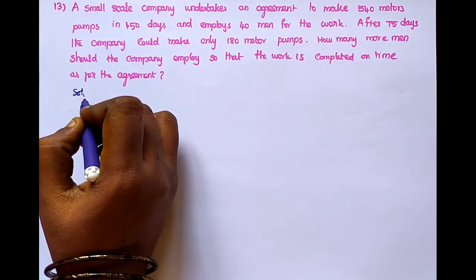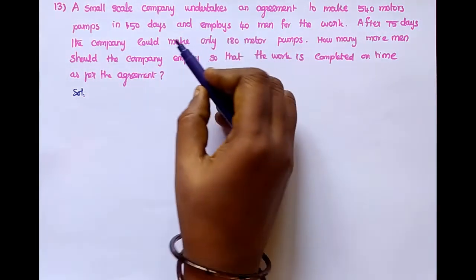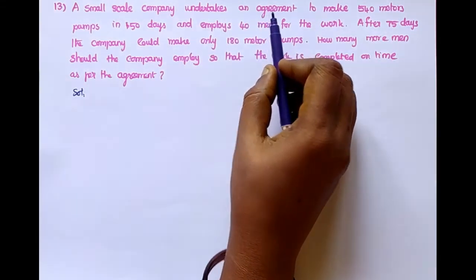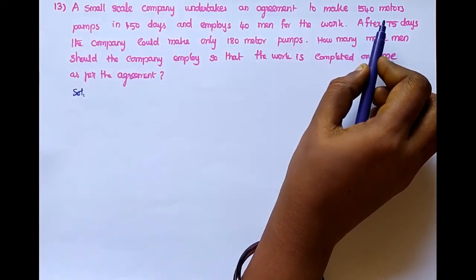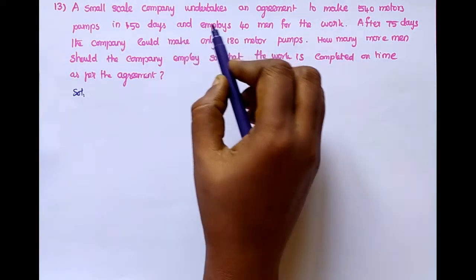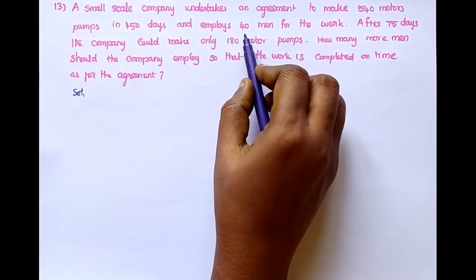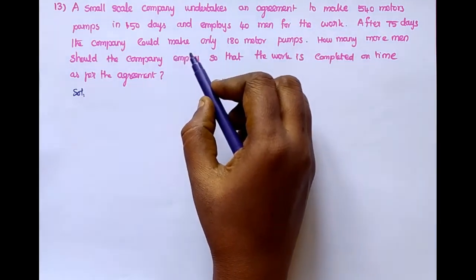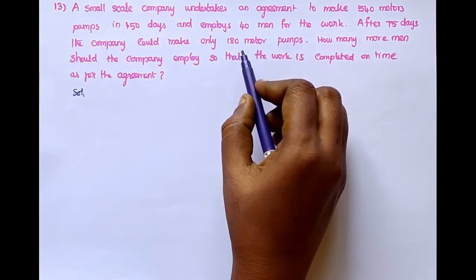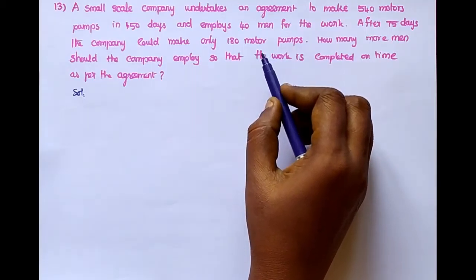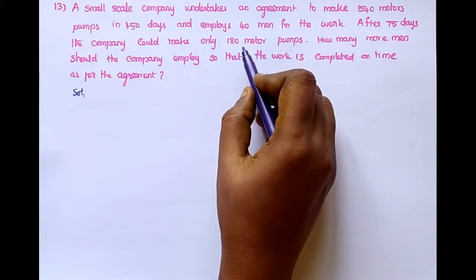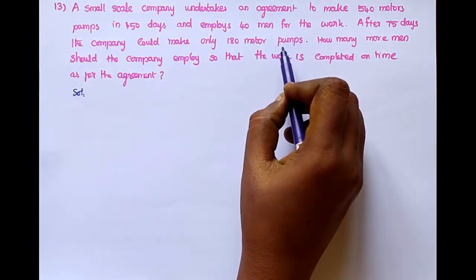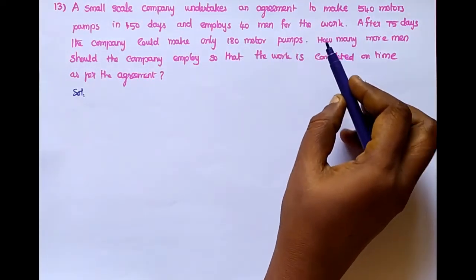Listen. First, the company's agreement is what? To make 540 motors in 150 days. The employees are 40 men. After 75 days, the company makes only 180 motor pumps. So what's the balance here? 540 minus 180, 360 motor pumps are balance to make.